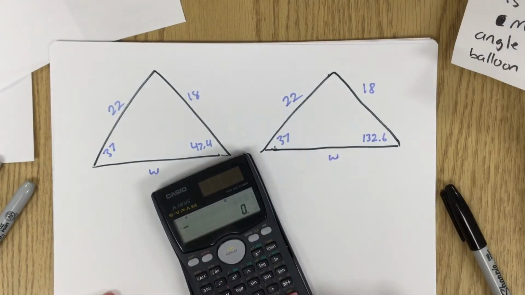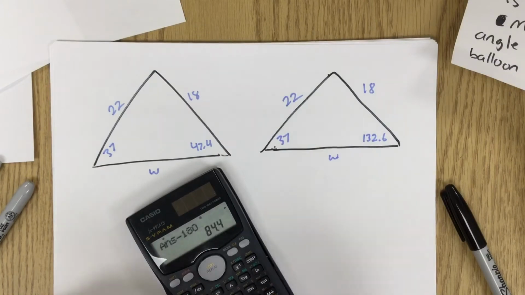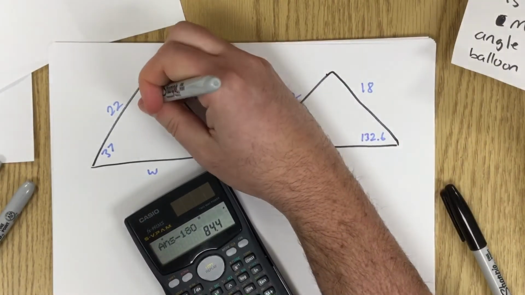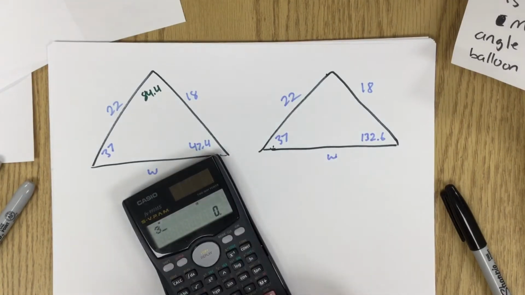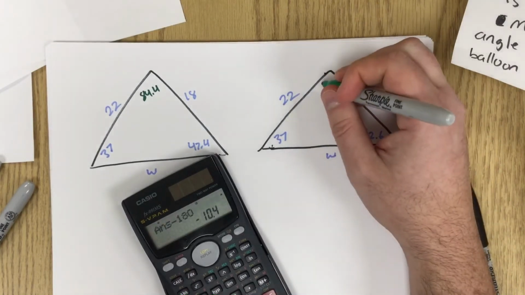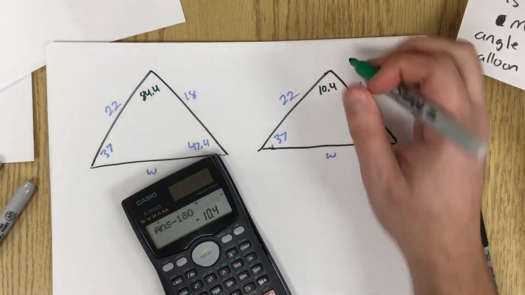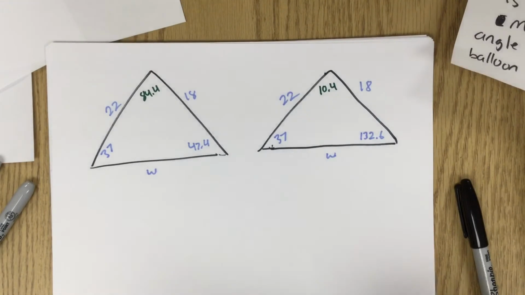If we get a negative answer, of course, that wouldn't work. So 180 minus 37 minus 47.4 is 84.4 degrees, and the other case is 10.4 degrees. So in this case, there are two possible answers, and both answers work. So how do we figure it out?